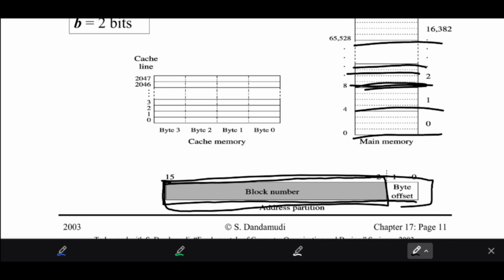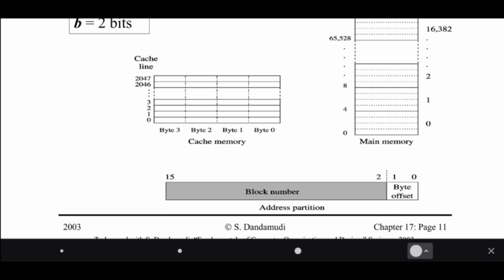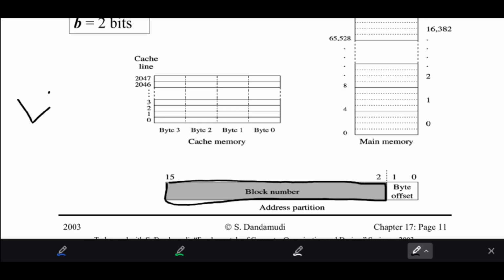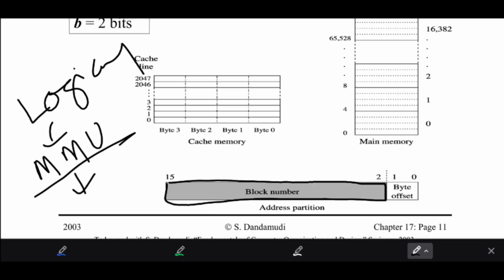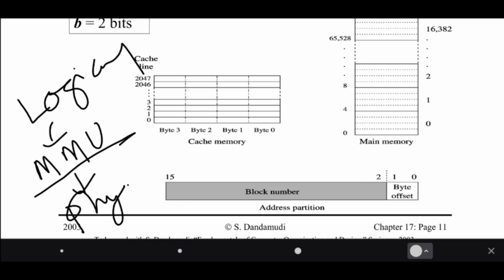All these numbers are provided here. The CPU will search the logical address, then the logical address is converted to the physical address through the memory management unit. The block number is actually the address of the block.